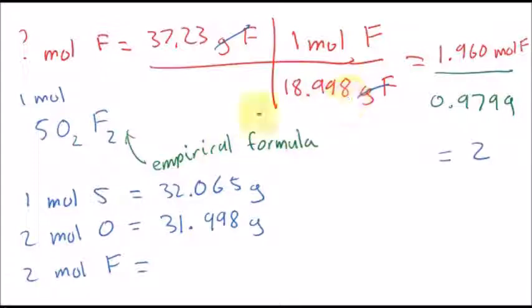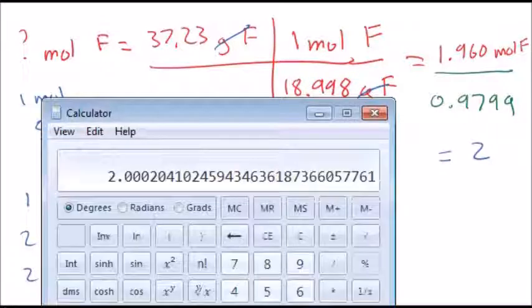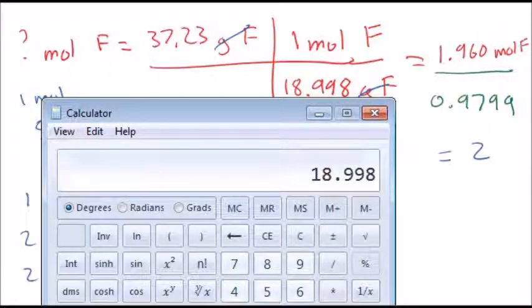So 2 moles of that, we can multiply 18.998 times 2, and we're getting 37.996 grams.